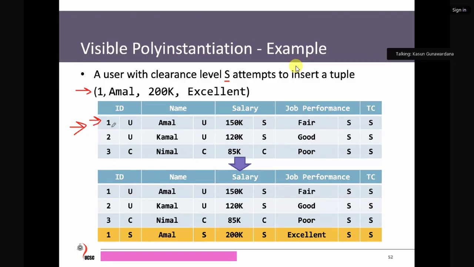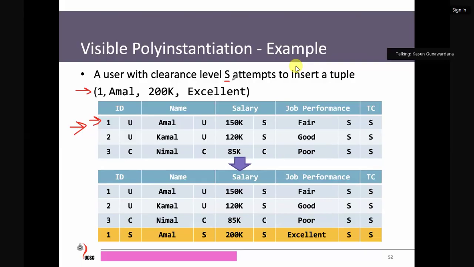This ID is now at the unclassified level. Name Amal is unclassified. So they are at a lower level. Now the user who attempts to insert is at a higher level.